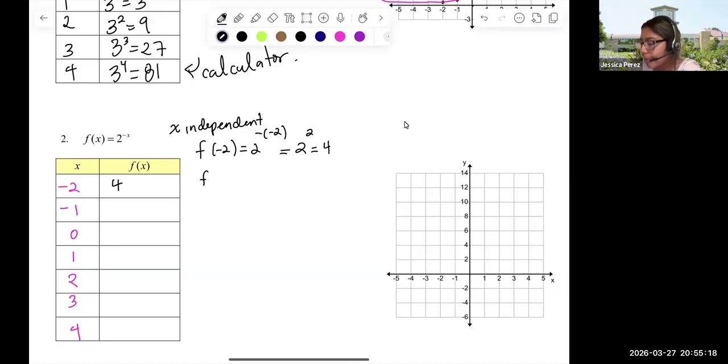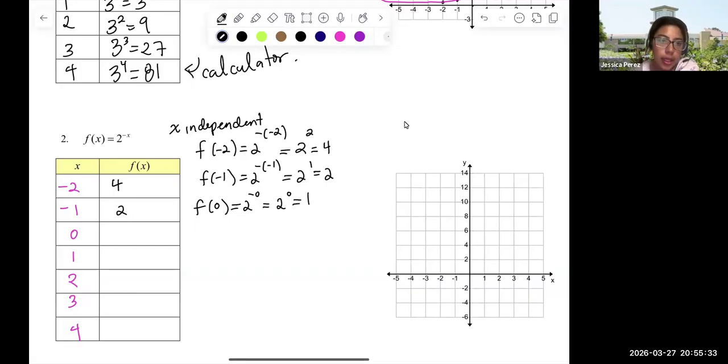Now, f of -1 is going to be 2 to the -(-1), which is 2 to the first power, or 2. Now, f of 0 is 2 to the -0, which is 2 to the 0, or 1.